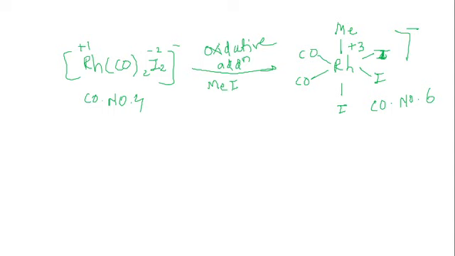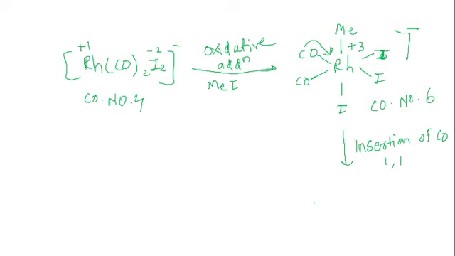Then in the second step, insertion takes place. We already discussed what insertion is. Insertion of carbonyl takes place in the Me. That means this carbonyl is inserted in between the Rh and the Me. This is one type of insertion. How does it get inserted?